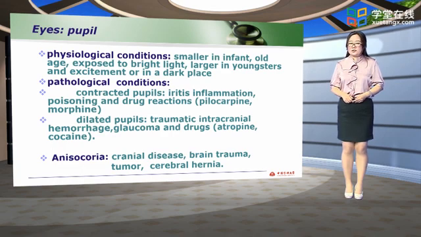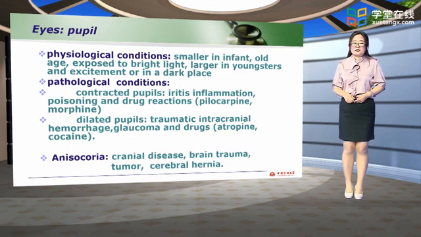Under pathological conditions, constricted pupils appear in iritis, inflammation, poisoning and drug reactions such as pilocarpine and morphine. Dilated pupils appear in traumatic intracranial hemorrhage, glaucoma, and drugs such as atropine or cocaine.